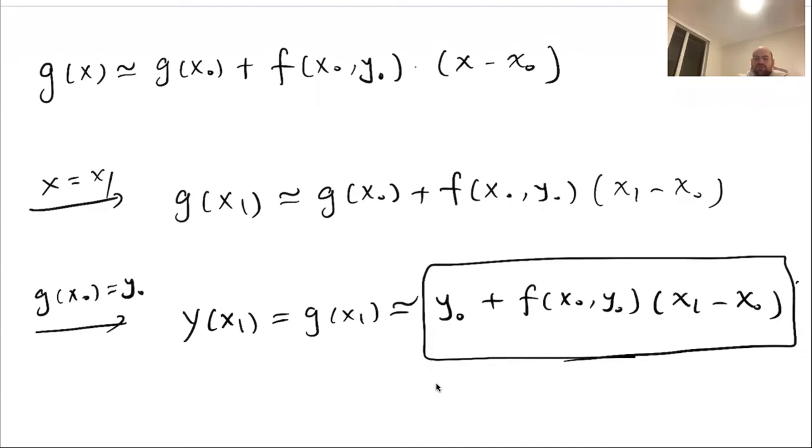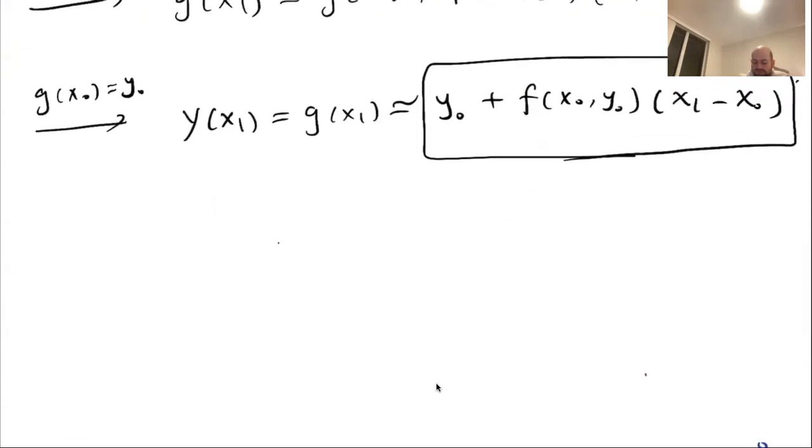All right, so if x1 is close to x naught, we can use this equation. But what if x1 is not close to x naught? Then how can we use this equation? Well, we can reach x1 in a few steps. Let's say x naught, for example, is 0 and you want to reach, for example, 4.